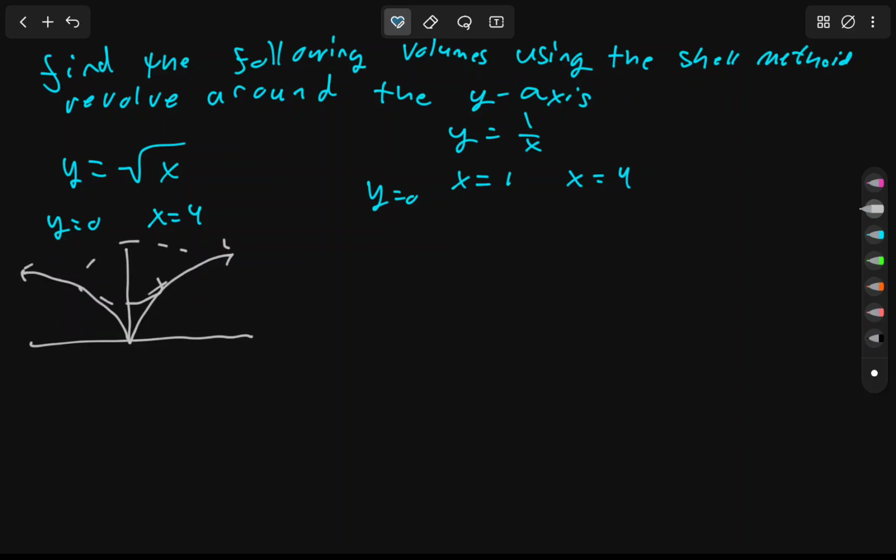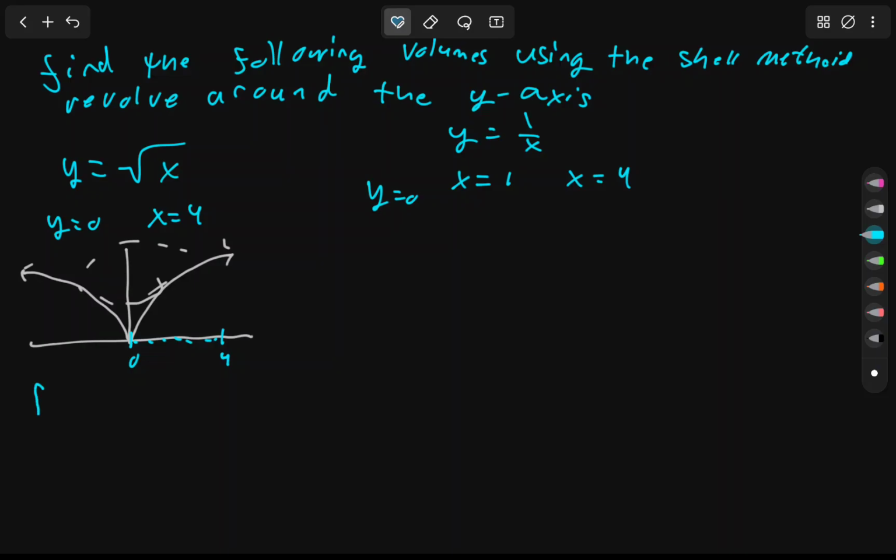We know that we're going to be integrating from 0 to 4. Because the curve is bounded by y equal to 0, we also have to make sure the x value is 0.